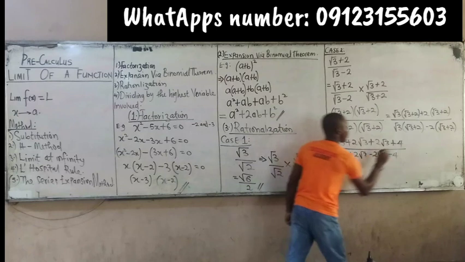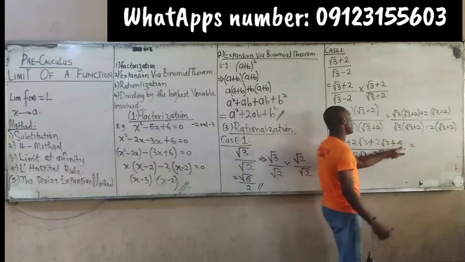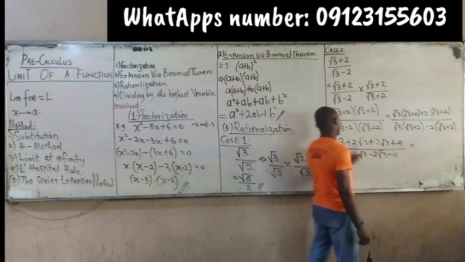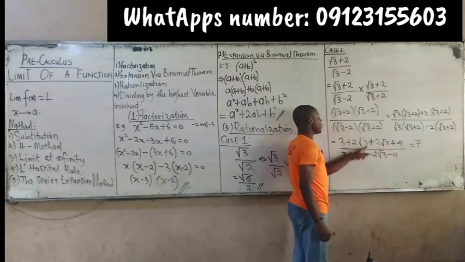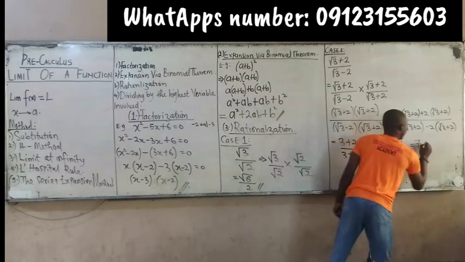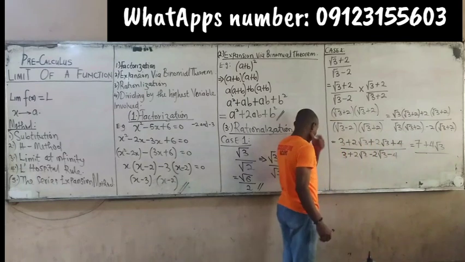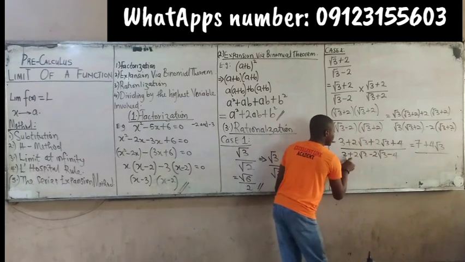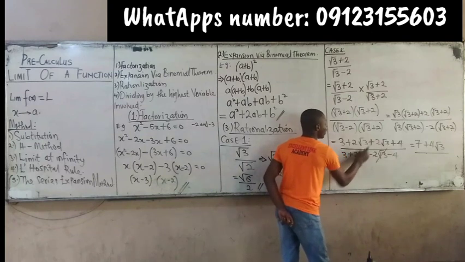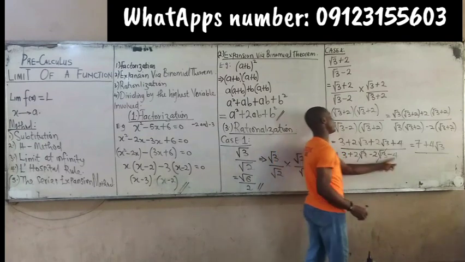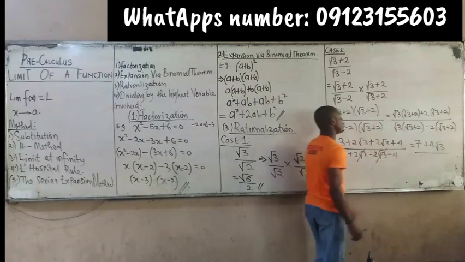Alright, at this point, if I simplify, 4 plus 3 is 7. I have 7. 2 root 3 plus 2 root 3 becomes what then? Positive 4 root 3, all over, obviously, positive 2 root 3 minus 2 root 3 cancels out. I'm left with 3 minus 4, which is minus 1.